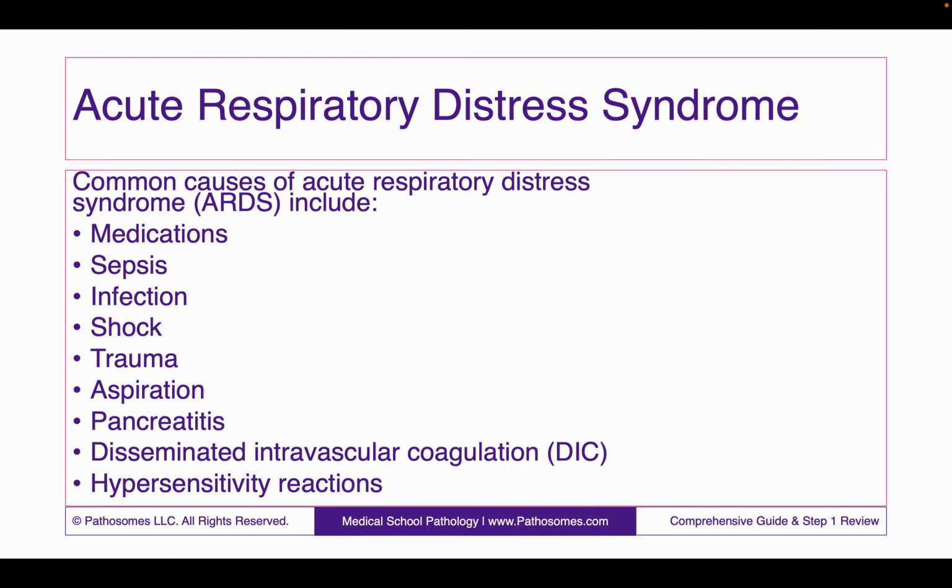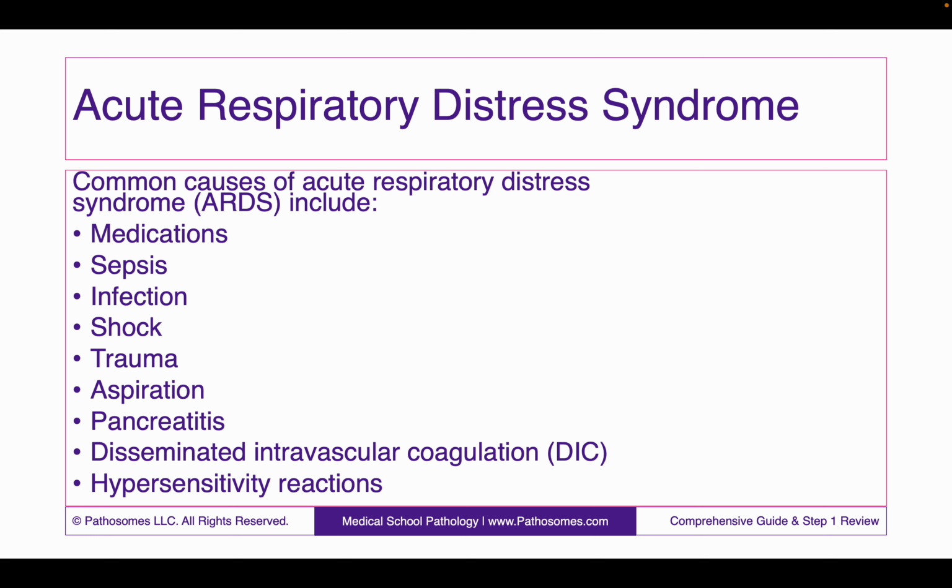Now, some common causes of acute respiratory distress syndrome include medications, sepsis, infections, shock can do it, even trauma, aspiration, pancreatitis can cause it, DIC, as well as hypersensitivity reactions.